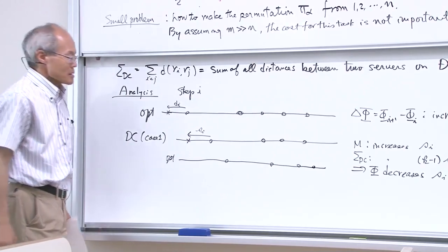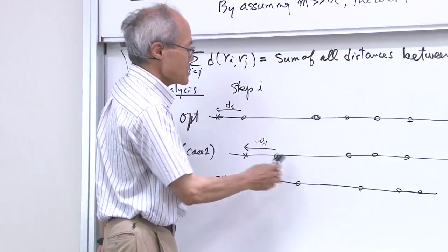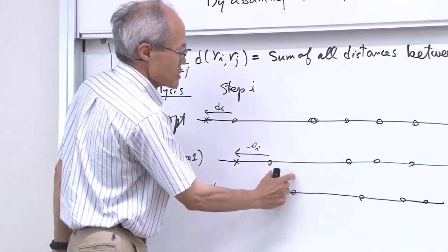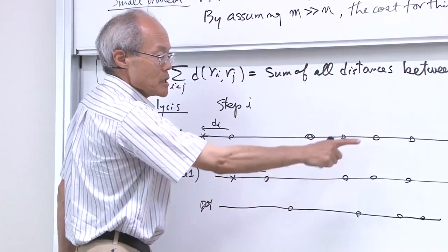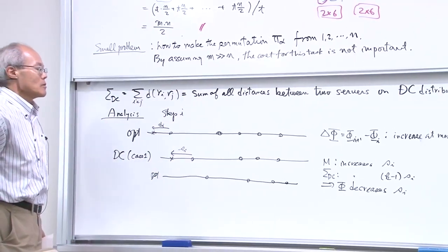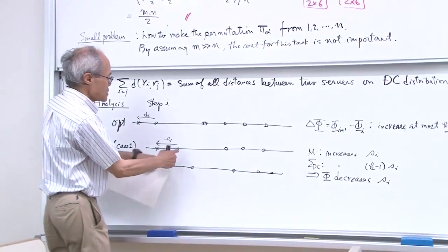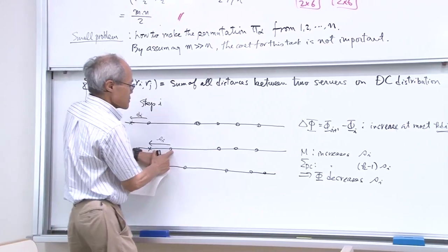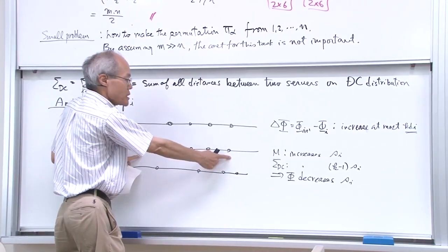Then, if this guy moves here, then m increases by s_i, because this distance becomes less. So m increases s_i. What is sigma DC? Sigma DC increases, the distance of this and this increases by s_i.